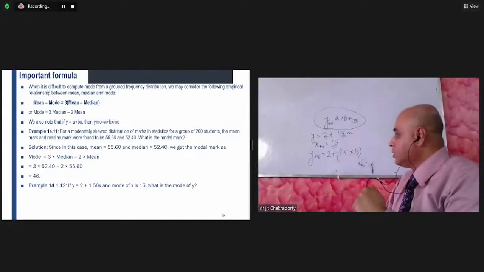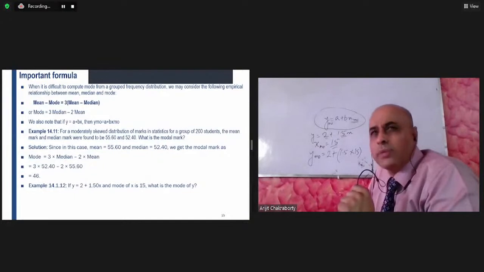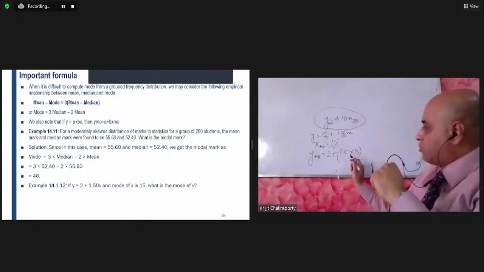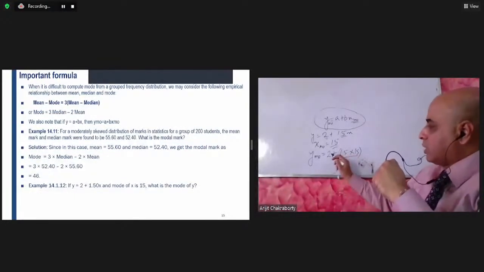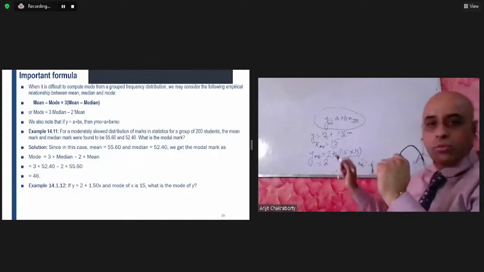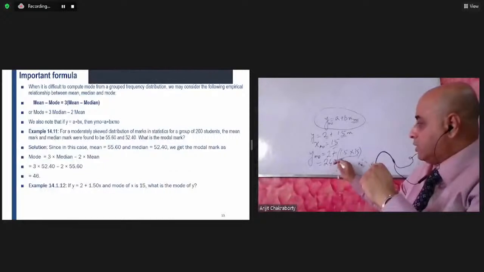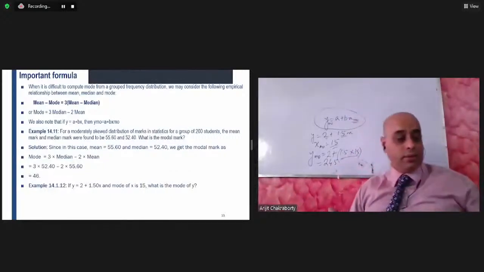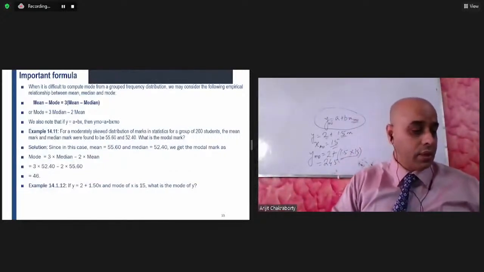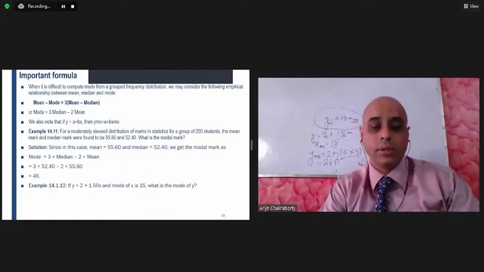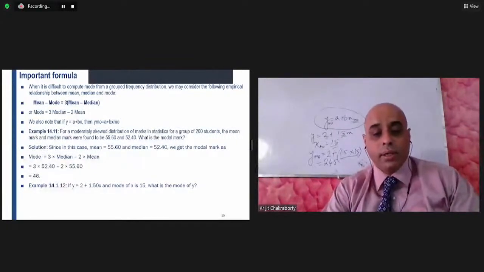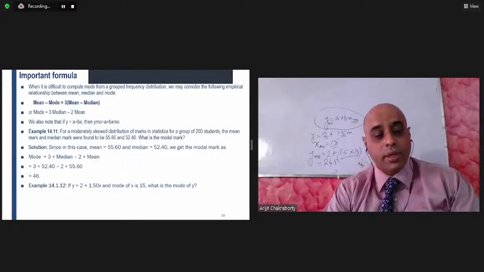Now 15 into 1.5 will give you, I think, 22.5. This is 22.5 plus 2. So I will get 22.5 plus 2, that is 24.5. I'm getting 24.5. Let me see if this is the right answer or not. I think already before going to the calculation, many of you have got it right.